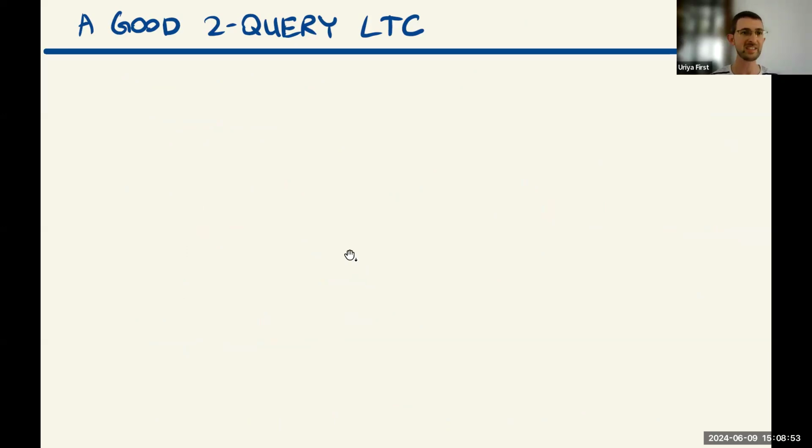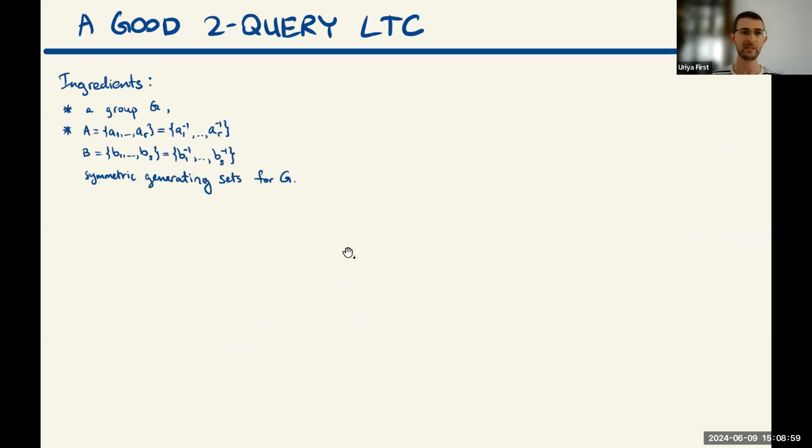So buckle up. The ingredients are the following. We need a group G. We need two generating sets, A and B, for the group G, and they have to be symmetric, meaning that if I just invert all the elements in A, I just get the same set, and same for B. They don't have to be of the same size.